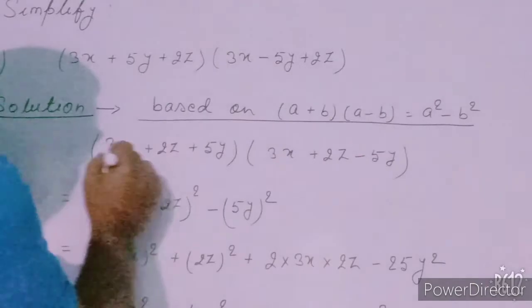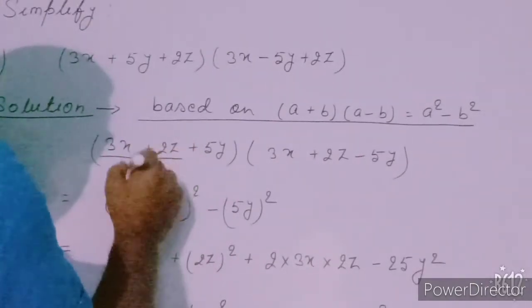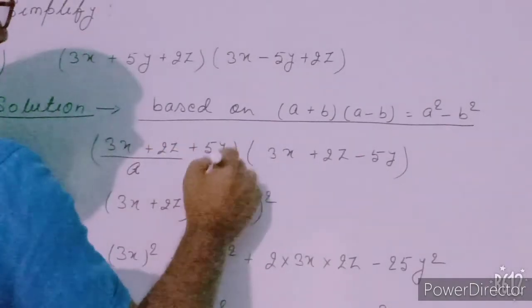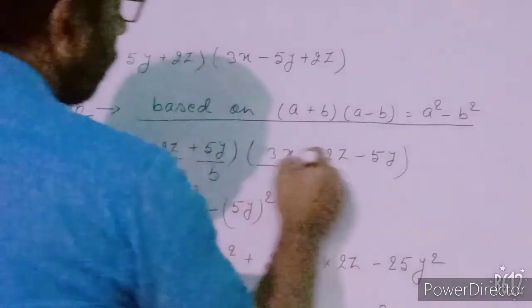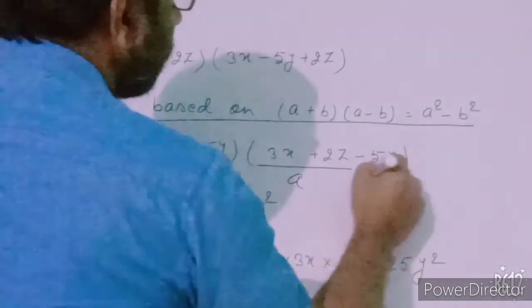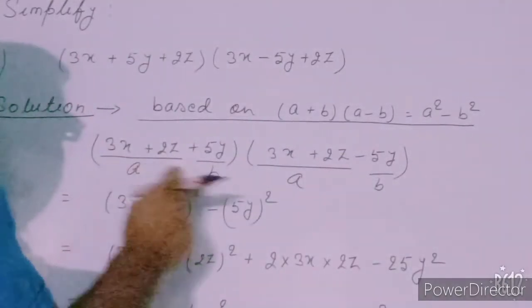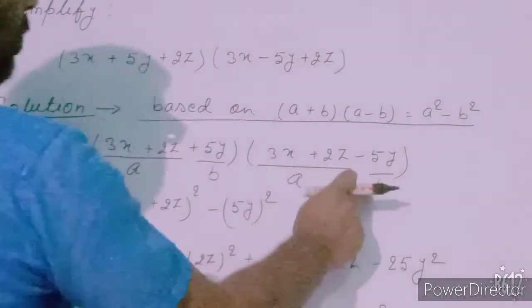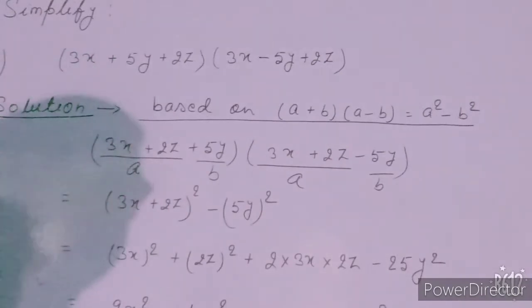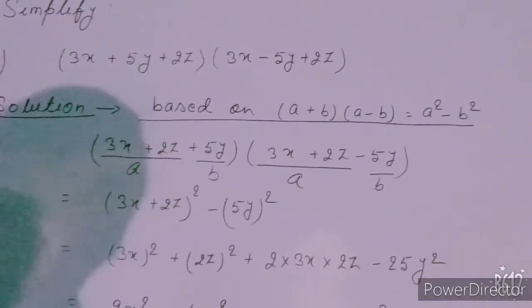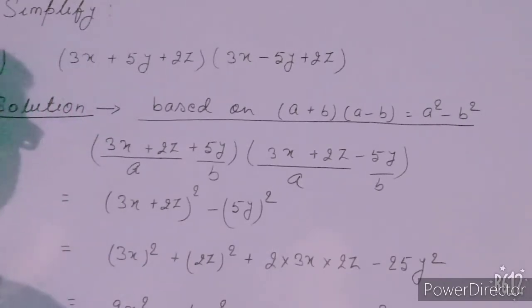These two terms I have taken as a and this as b. So from this expression we are getting (a + b)(a - b) = a² - b².